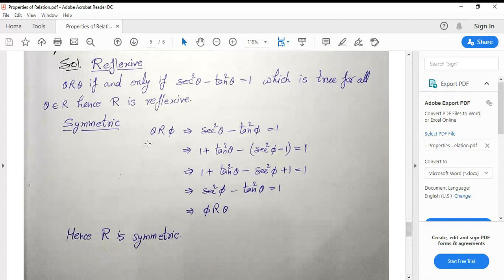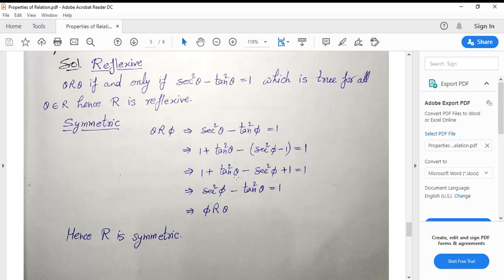For symmetric we have to show that if theta is related to phi, then phi is related to theta. So first we take theta is related to phi, which means our condition is that secant square theta minus tan square phi equals 1. Now we solve this. We know that secant square theta is 1 plus tan square theta, and for tan square phi we can write secant square phi minus 1.